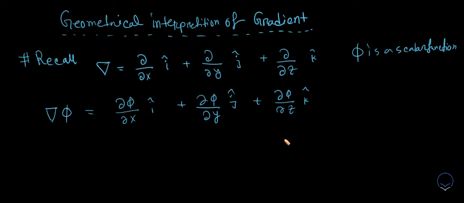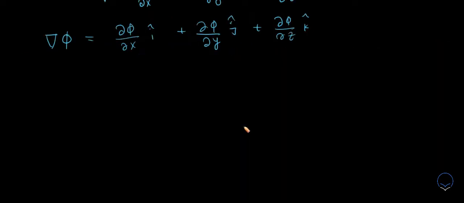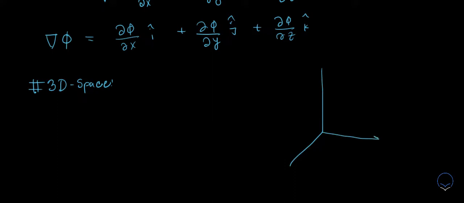Now, what does this mean? That's the thing we want to figure out today. To interpret the gradient of a scalar field geometrically, we're going to consider a three-dimensional space, a familiar space with x, y and z coordinates.